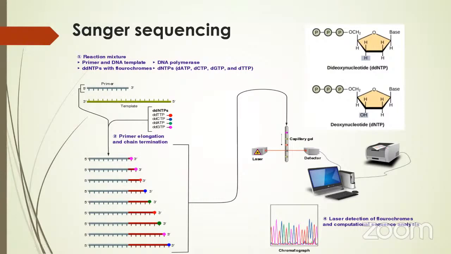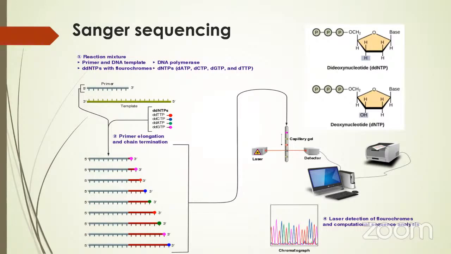The double-stranded DNA is denatured and made single-stranded. The primer that corresponds to one end of the sequence is attached, and the four labeled ddNTPs are added, and the DNA synthesis reaction initiates, and the chain extends until termination happens. Whenever it gets a ddNTP, the chain will terminate.